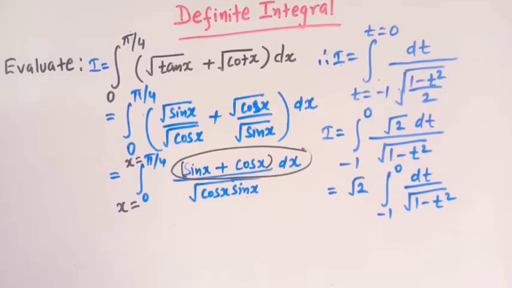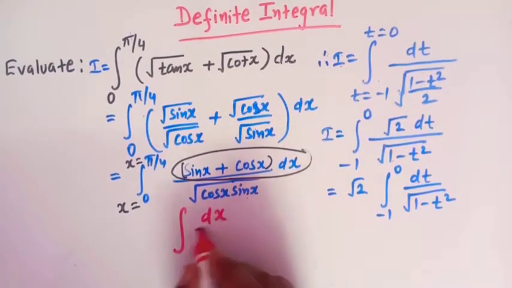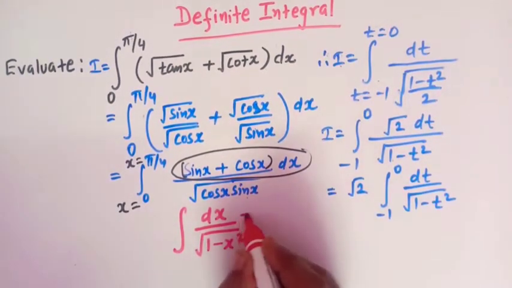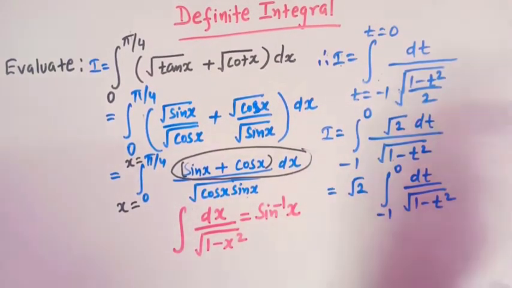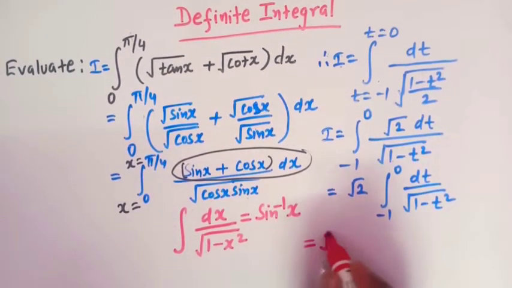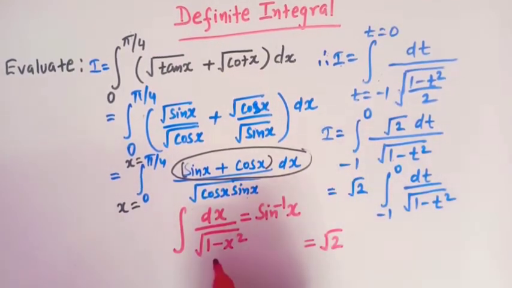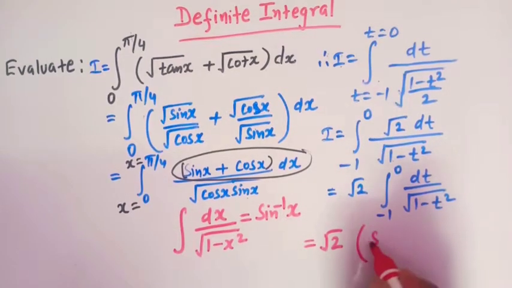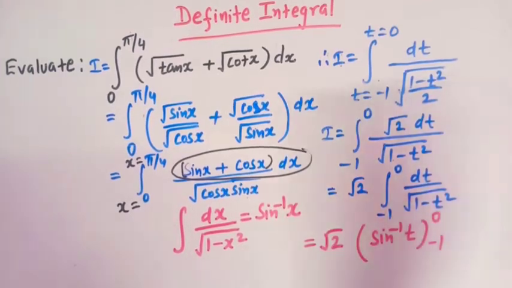Now here we will use the well-known result which says that the integral of 1 over square root of 1 minus x square is equal to sin inverse x. Here the variable is t, so we can write square root of 2, and the integral of 1 over square root of 1 minus t square is sin inverse t, with limits from -1 to 0.